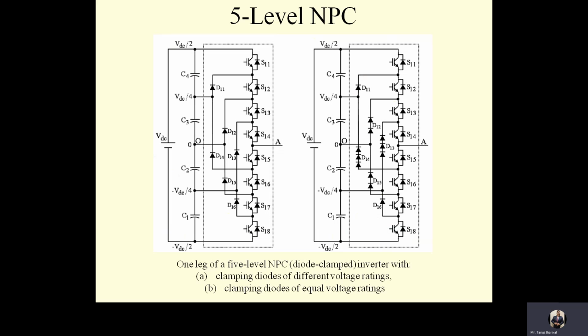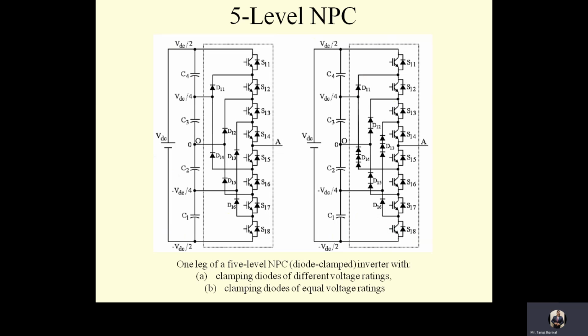There are pairs of switches in each leg, represented as S11, S12, S13, S14, S15, S16, S17, and S18, which operate in complementary fashion, and thus the reverse blocking voltage rating of the power switch is equal to VDC/4.